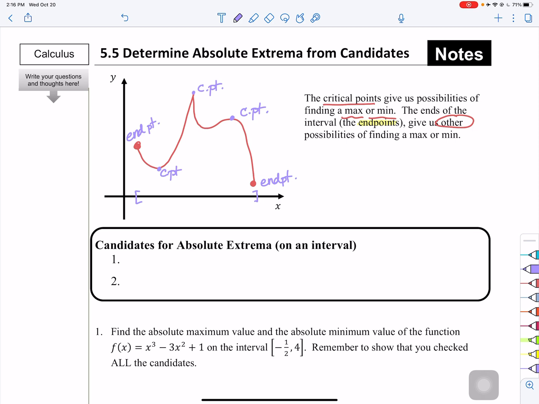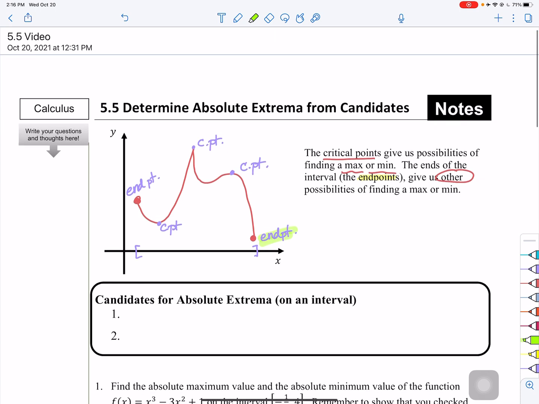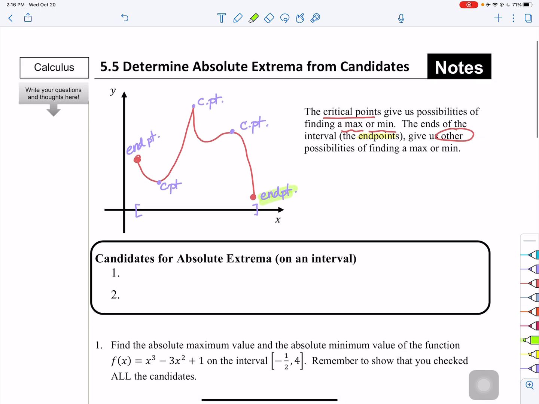So what is really important about this graph is that you can see that this endpoint right here is an absolute min. And this endpoint is not.